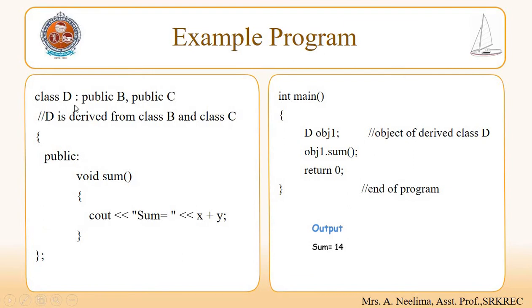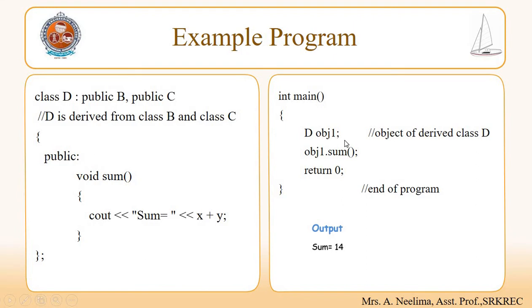Class D inherits the properties of class B as well as class C. So D is derived from class B and class C. In this derived class D, you are declaring a method sum where you sum up the values of x and y and display the value. In the main function, you create the object for the derived class.